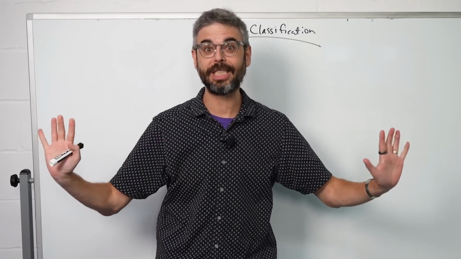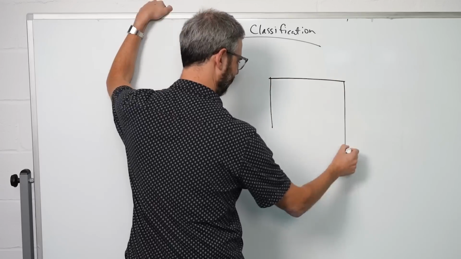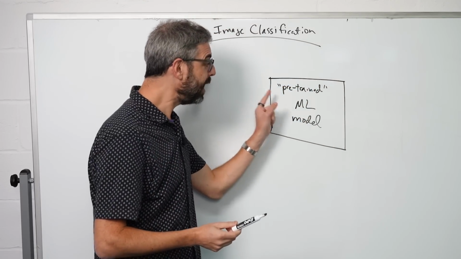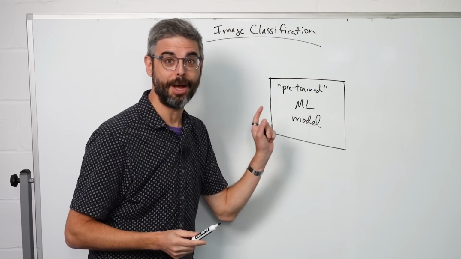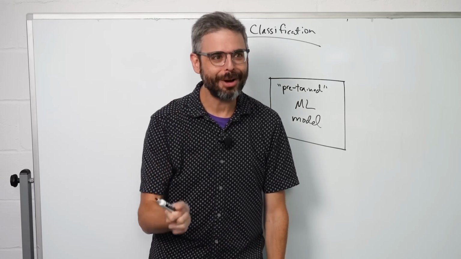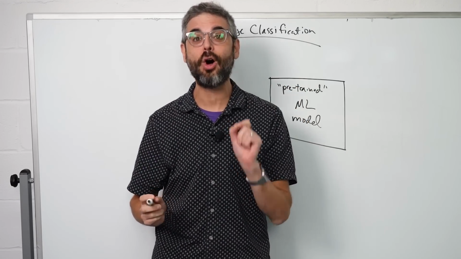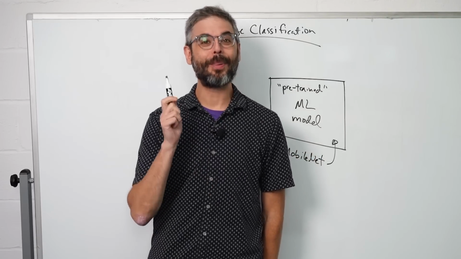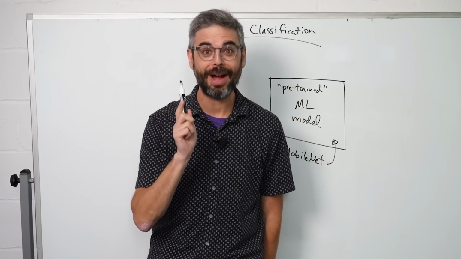But let's take a look at this from a high level. I'm going to start with a pre-trained machine learning model. This particular model that I'm going to demonstrate to you is called MobileNet. It was created with a process known as supervised learning.